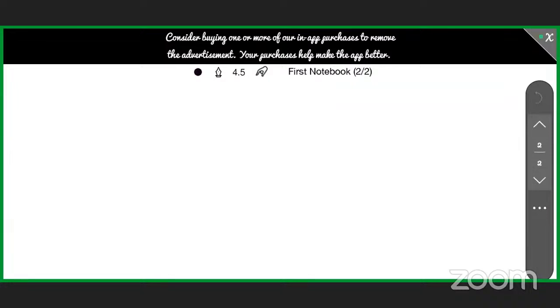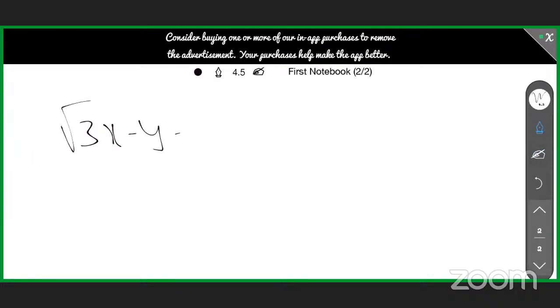Now, the angle of rotation of axis such that the equation root 3x minus y plus 5 is equal to 0 is reduced into the form y is equal to some constant.